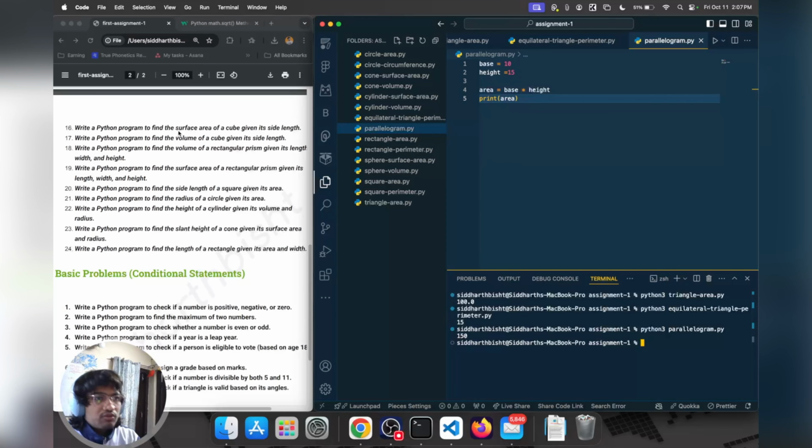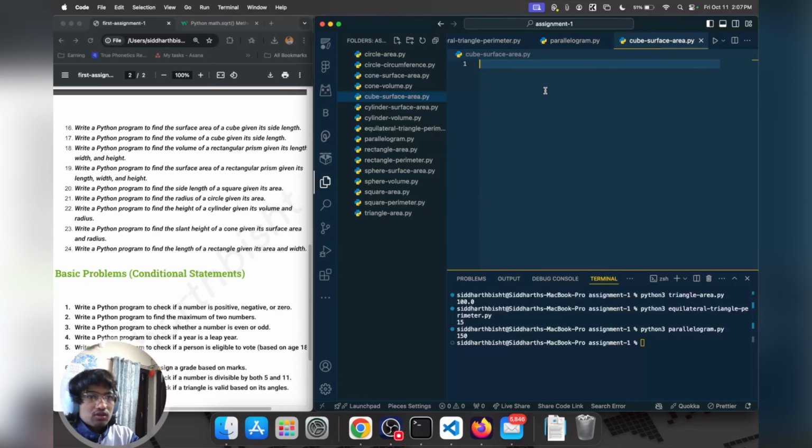Write a Python program to find the surface area of a cube given its side length. So surface area of a cube. So cube surface area.py. Here I have given a side, let's say 4.